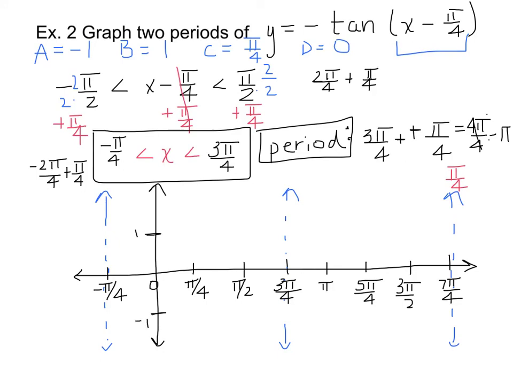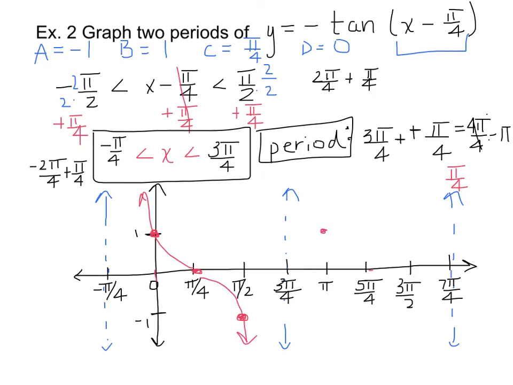Now, because A is negative, that means that we have to reverse or flip our 3 points in the middle. So, since my next tick mark was at 0, I'm going to start at positive A, 0, negative A. And you do it again for the second period.